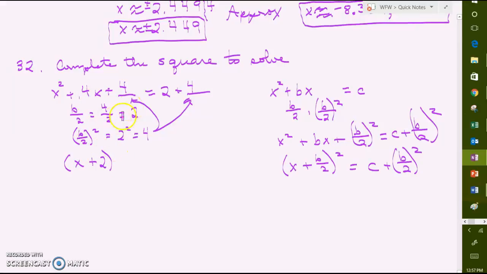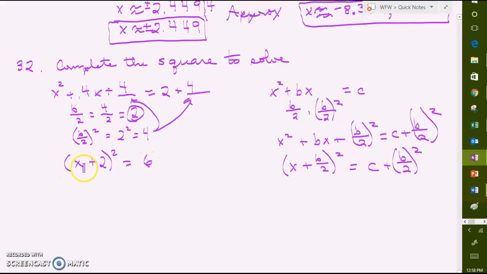So b over 2, right? 2 is the root of this 4. b over 2 goes there, and you square it, and on the right you get 6. So that is what you do to create a perfect square trinomial that you can factor. So x squared plus 4x plus 4 becomes x plus 2 squared.